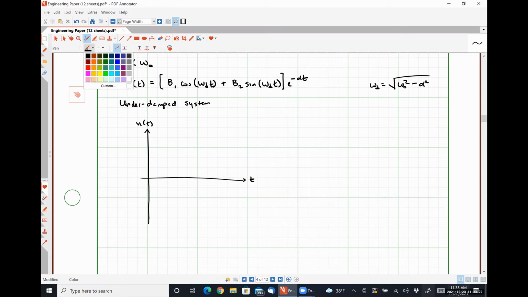Let's do critical damping in blue. So we should just see simple exponential decay. For overdamping, we'll do that in orange.